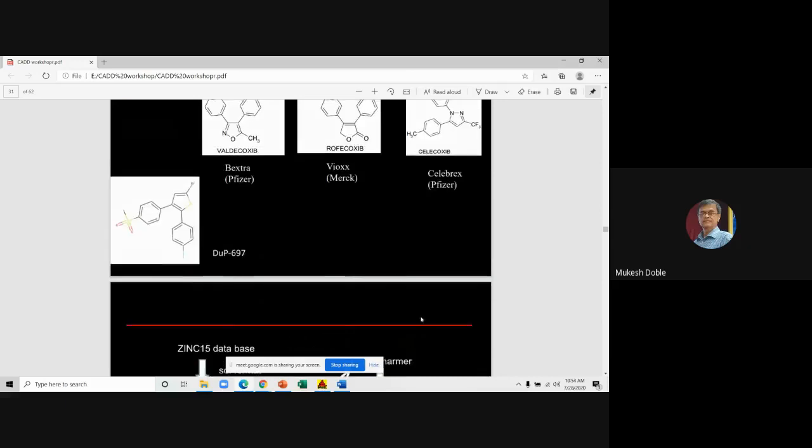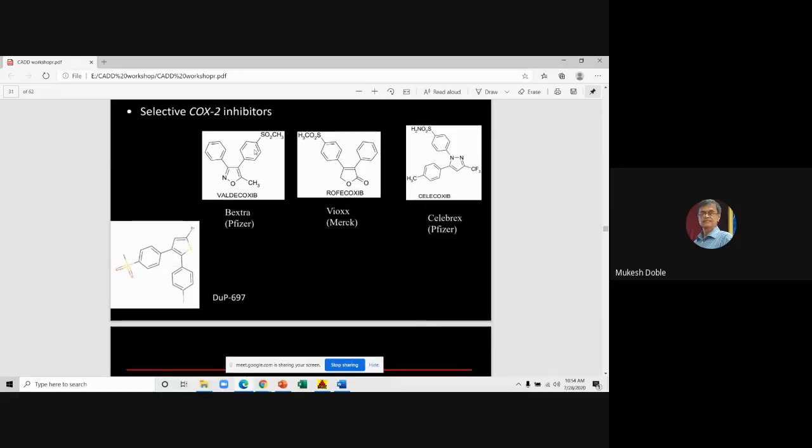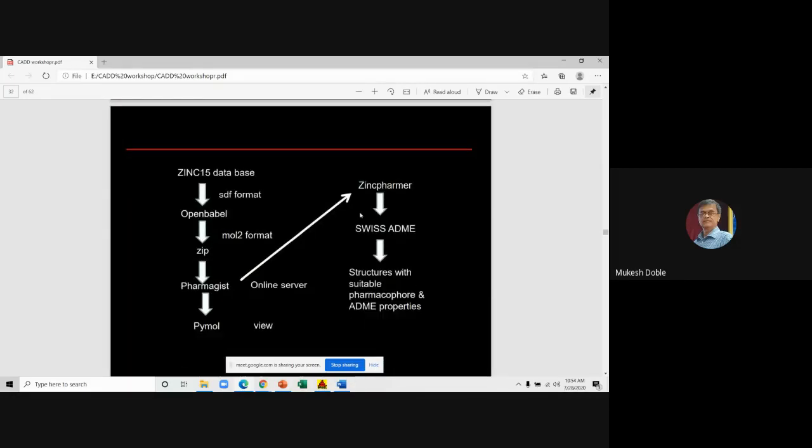Those molecules may have similar COX-2 inhibitory activities because we selected them based on the pharmacophore of reported COX-2 inhibitors only, and they also satisfy drug likeness because we ran them in Swiss ADME also. So this is how pharmacophore design works. We will be using the servers PharmaGist and ZincPharmer. PyMol should be available on your machine, which you can download for viewing.